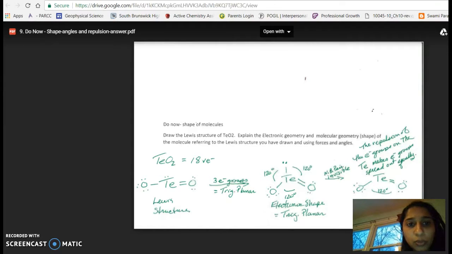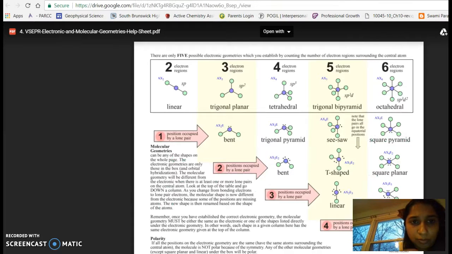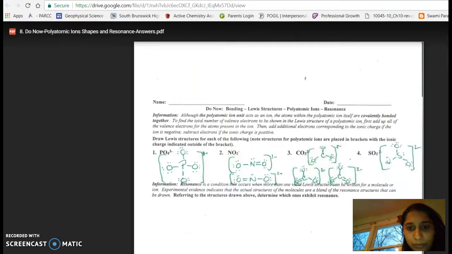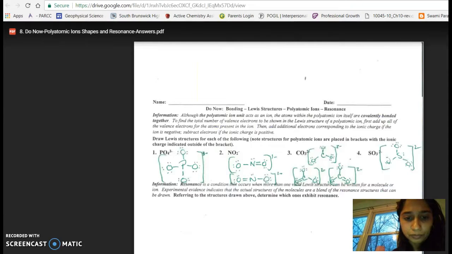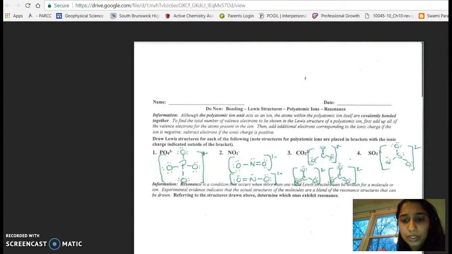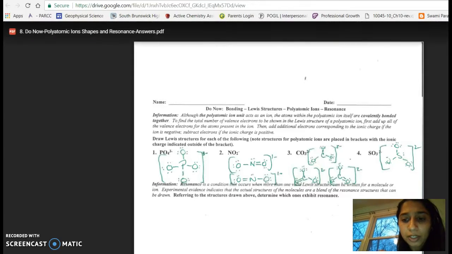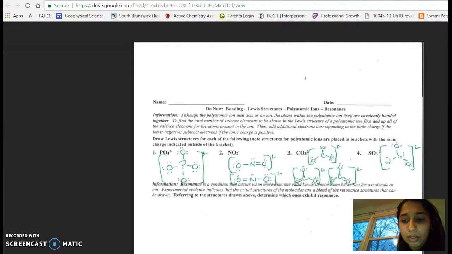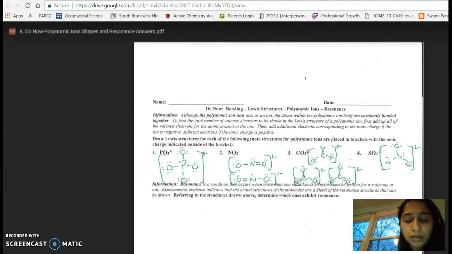Okay, let's look at the next one, the resonance one. You were asked to draw resonance of something that looks like this. It wasn't the exact same question. If you're asked resonance, what are you going to do? You're going to give every resonance that can happen in that molecule.